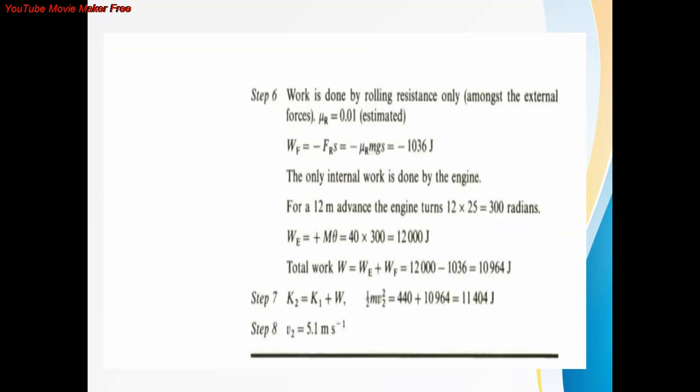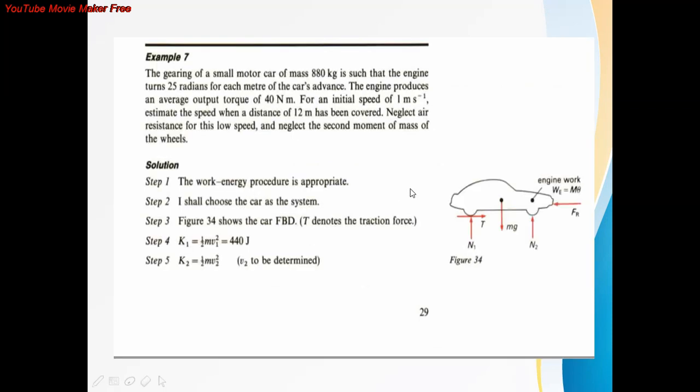Now the next thing is we have to find out the work done. Here the work will be done in two ways. One is because of the rolling resistance, that friction here at this place. The movement of the car causes frictional work done, as the car has to oppose the frictional force.